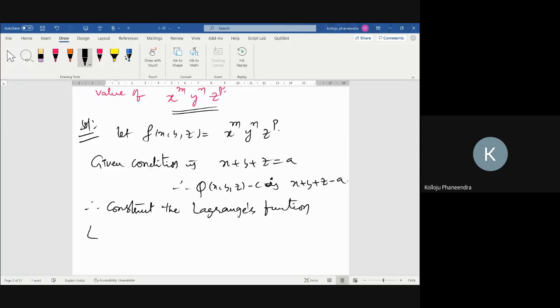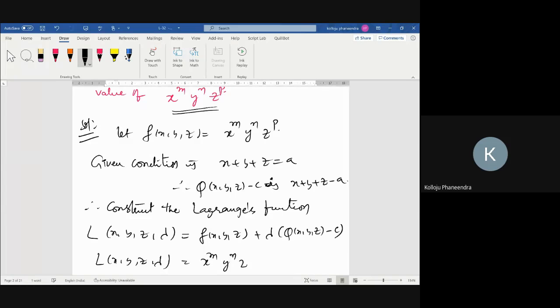Only one condition is given, therefore x, y, z and lambda is enough. Write the theory: plus lambda into phi of x, y, z minus c. So L of x, y, z, lambda is x to the power of m, y to the power of n, z to the power of p plus lambda into x plus y plus z minus a.